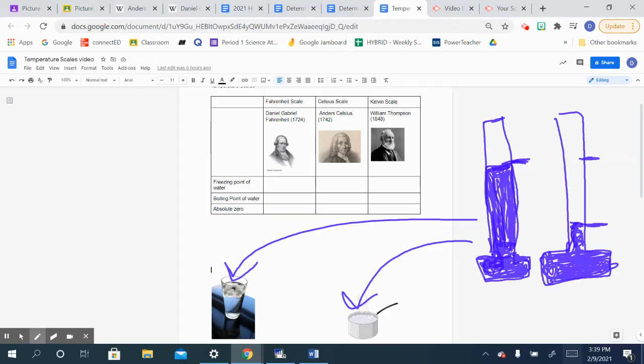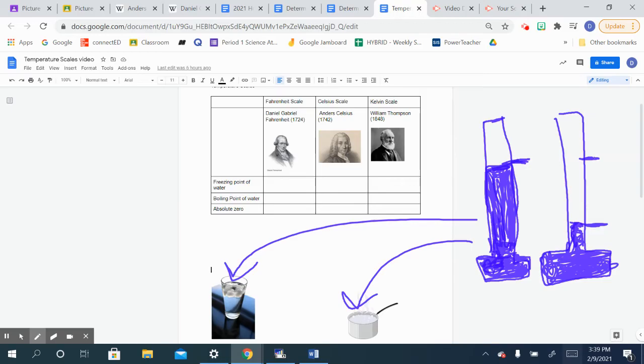He also used, by the way, two other benchmarks. One was under his arm, so he used body temperature. And then he used the coldest temperature he could create in a lab, which was a mixture of salt and water and ice. We'll talk more about that later on.